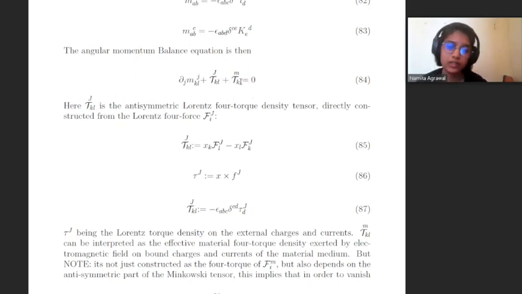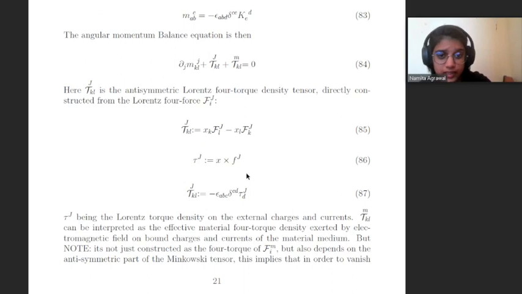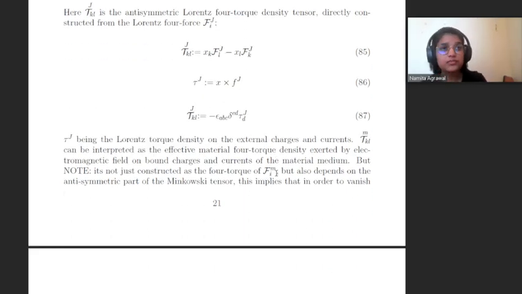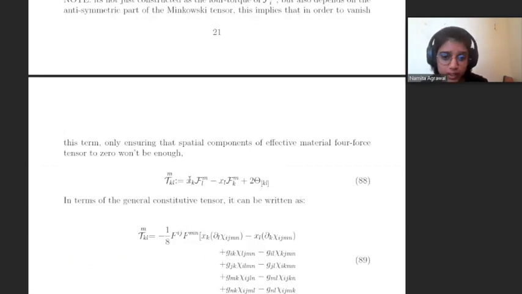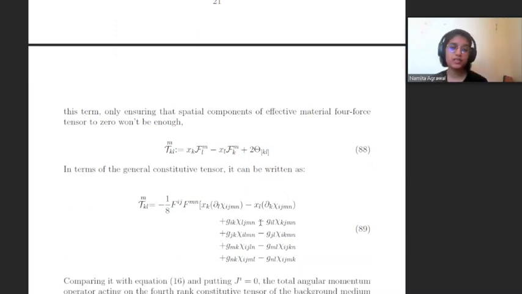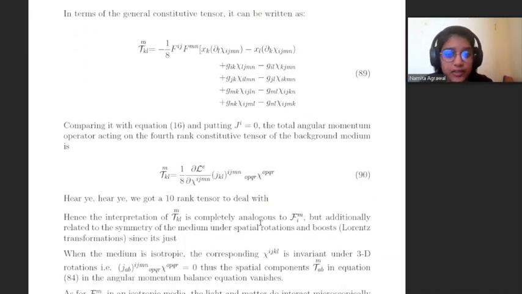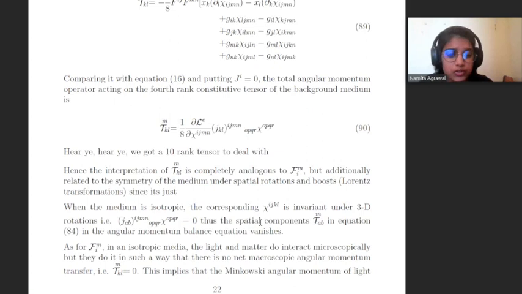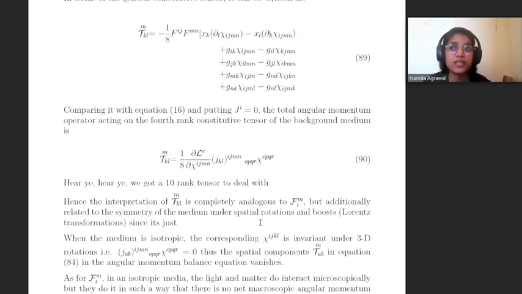It also has an antisymmetric contribution from the Minkowski stress energy tensor, and it will play an important role in essentially determining when the angular momentum for the system, the material medium, is conserved. So, just writing this angular momentum torque contribution in terms of the constitutive relations and putting free charges and currents equal to zero, I get equation 90.